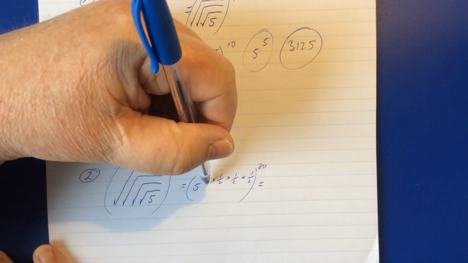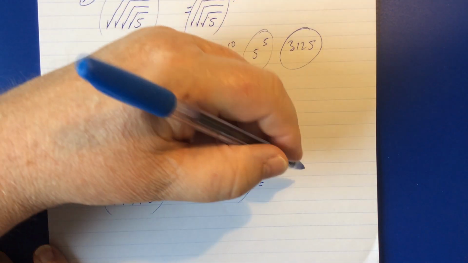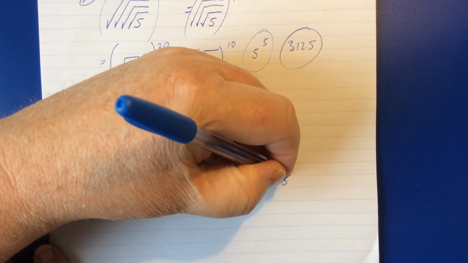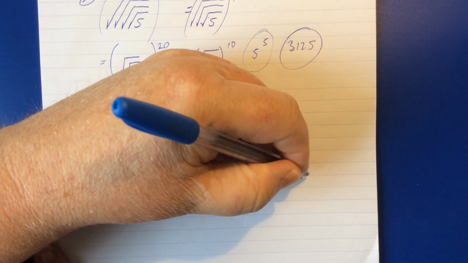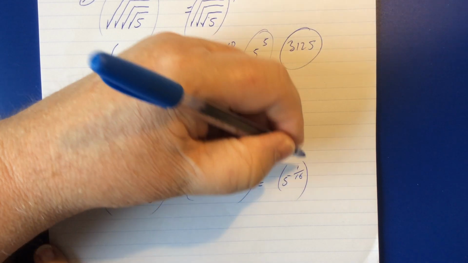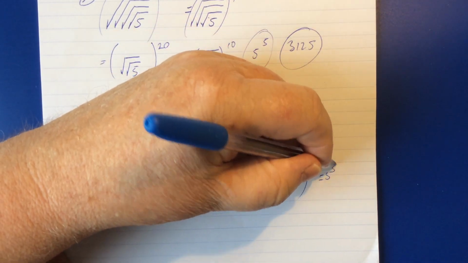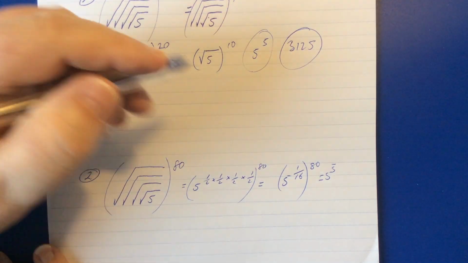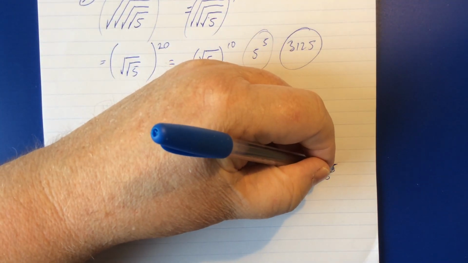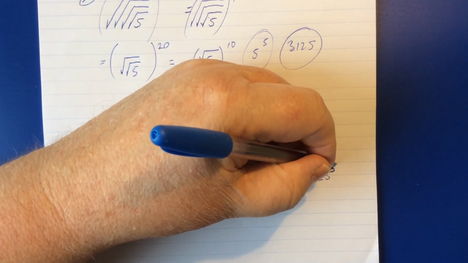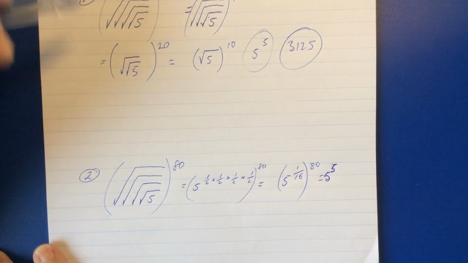Now, 2 times 2 times 2 times 2 gives us 5 to the power of 1 over 16. That's a 16 there. We multiply that by 80 and we get 5 to the power of 5. And my poor penmanship aside, that is our answer. And it is exactly the same answer as we got here.